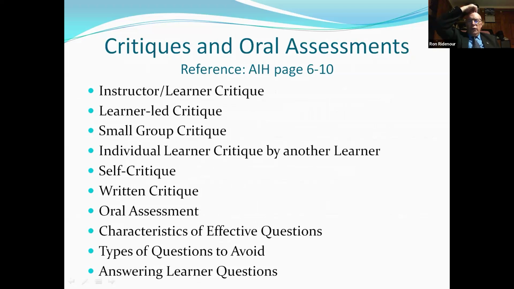So critiques and oral assessments, page 6-10. Instructor learner critiques. So we've got instructor-led critiques of the learner. We've got learner-led critiques, and that was one thing that Bob pointed out: you'll be surprised at how much you learn from the learner if they lead their own critique or assess their own performance.